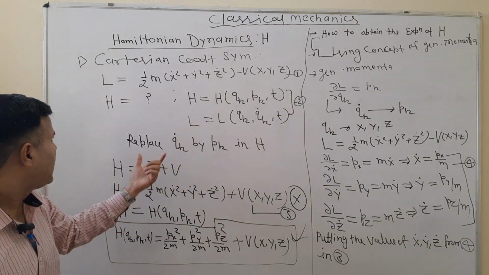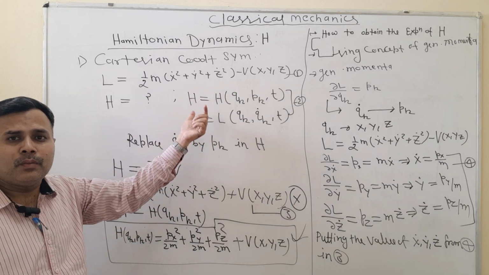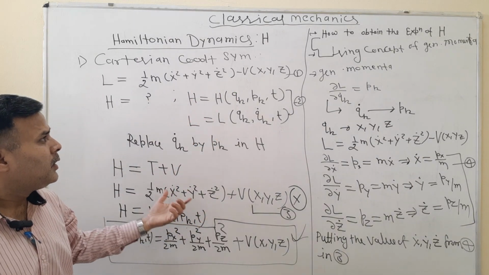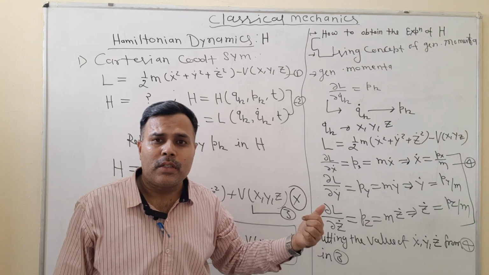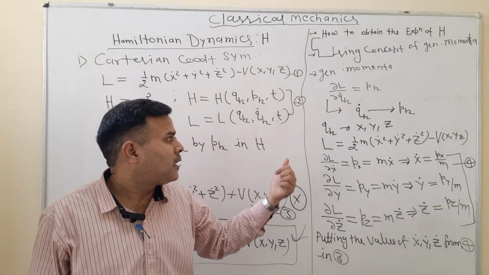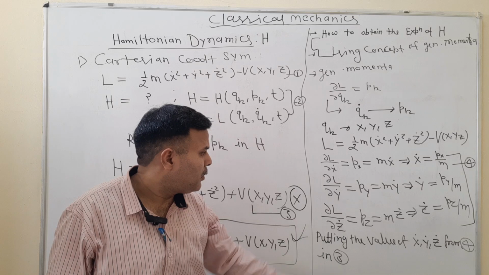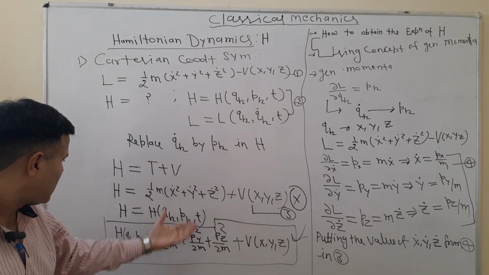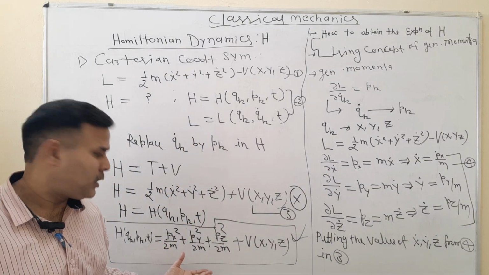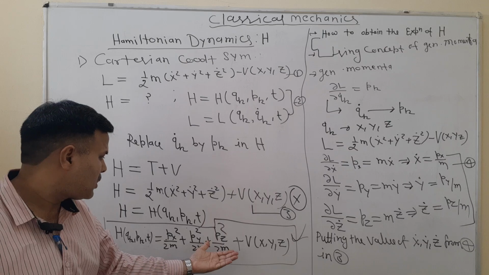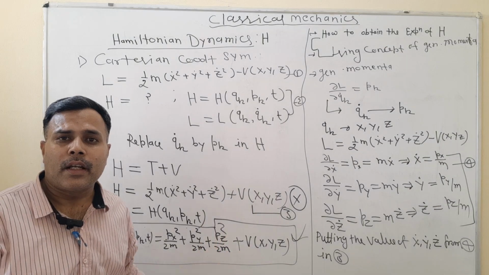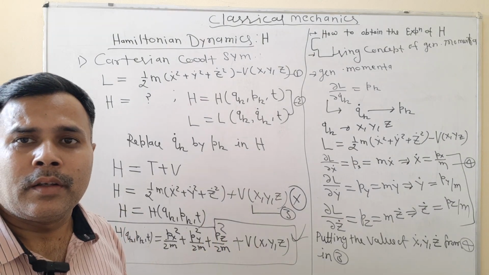So we can simply write H is T plus V, and we can replace our generalized velocity by using the concept of generalized momenta. By doing this, we will have the final expression of Hamiltonian, in terms of generalized coordinates and generalized momenta. Thank you.